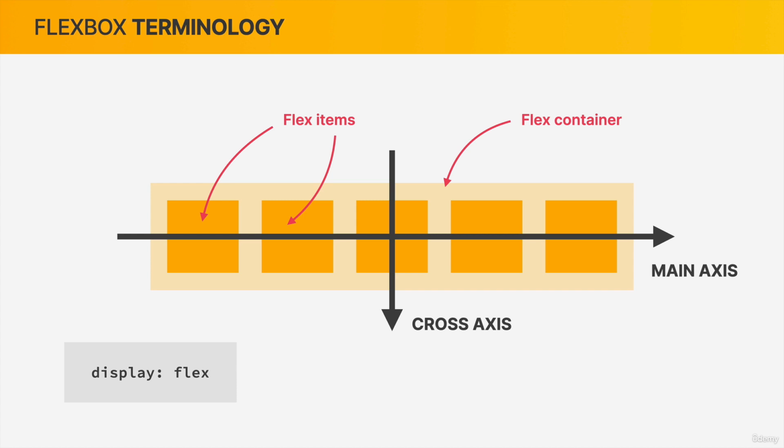Plus, we can align elements along the main axis and along the cross axis in different ways, and therefore we always need to know which axis we are dealing with. So try to keep these concepts in mind so that you can fully understand how the different Flexbox related properties work. And actually, that's what we're going to talk about next.